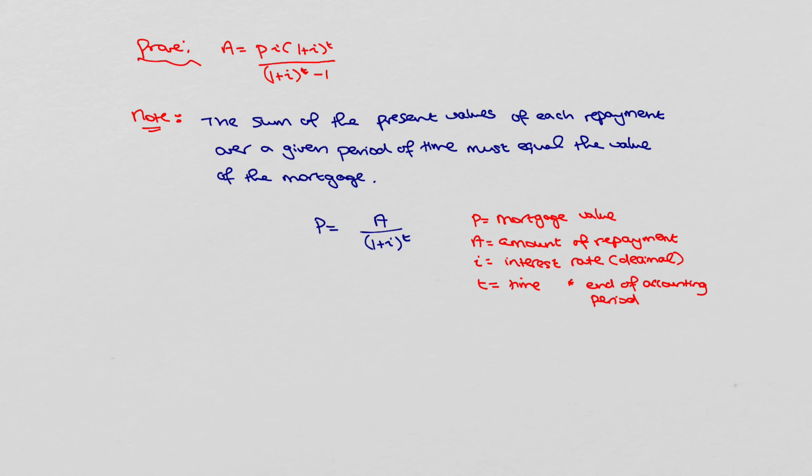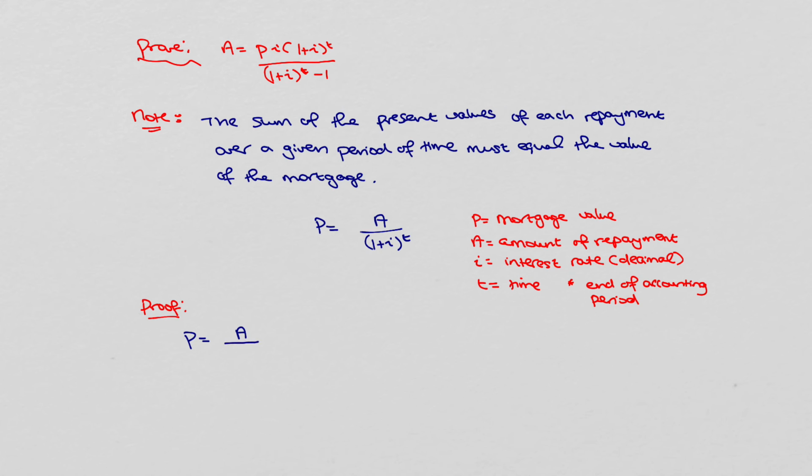But of course, we have to assume for these questions that the repayments are made at the end of each accounting period. So it becomes straightforward to set up our proof, because all we need to do is set up our mortgage as a series of present values of our future repayments.